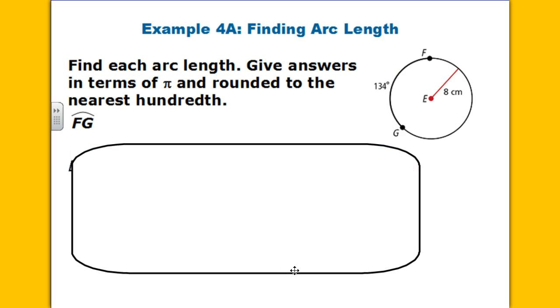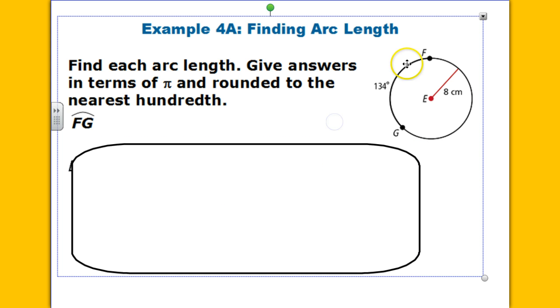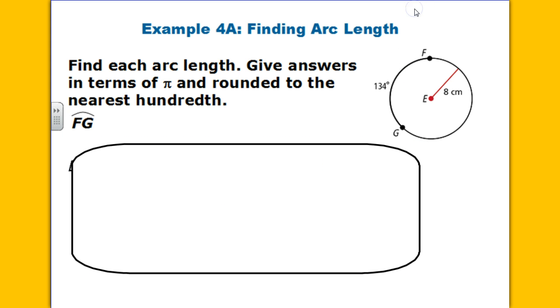So let's find each arc length and then give answers in terms of pi and also round it to the nearest hundredth. Let's find arc length FG. They give you the measure of arc FG is 134 degrees. So we could find the percent that this arc is of the entire circle by putting 134 degrees over 360 degrees, and then we just multiply by the circumference of the circle.